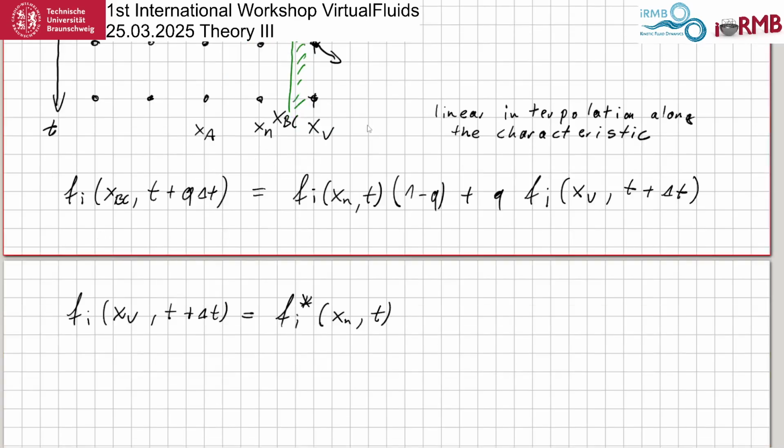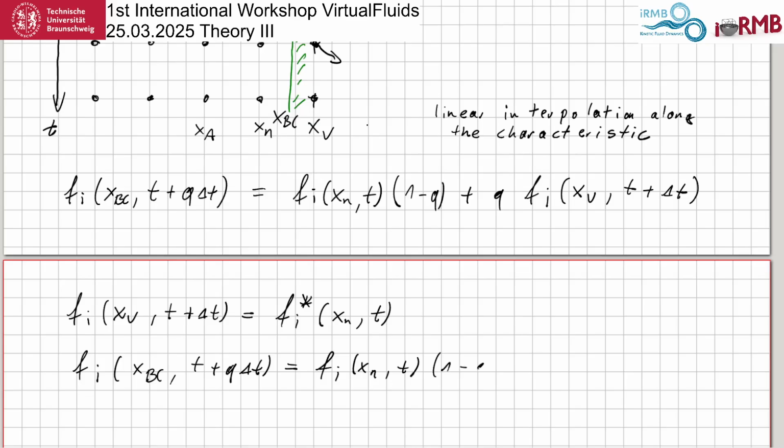So that we can basically rewrite the entire thing as fi on the boundary at t plus q delta t is fi before the collision times 1 minus q plus fi after collision at xn and t times q. So we can compute these two things from the one before collision and the one after collision.